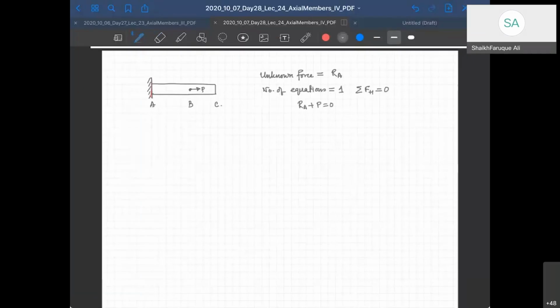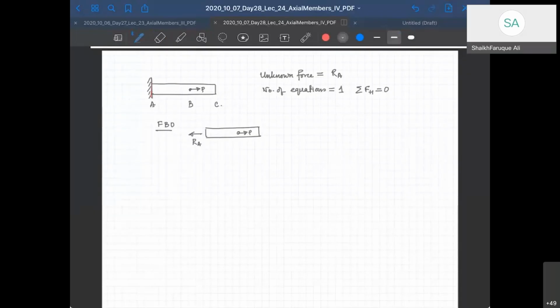How are you going to get this? You have to draw a free body diagram here, right? The free body diagram of the bar is going to be something like this. P force, and here it is RA. In this case, I have given an opposite direction.